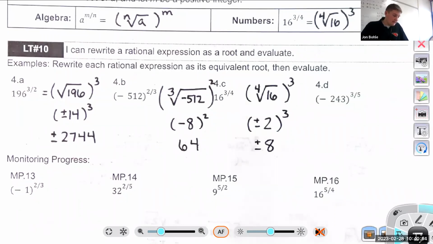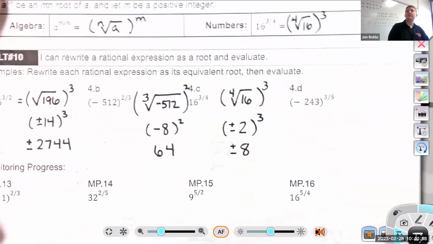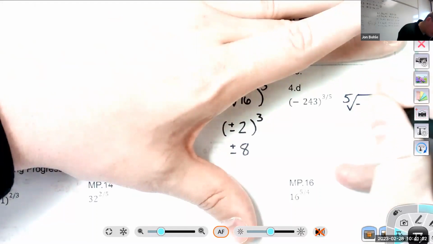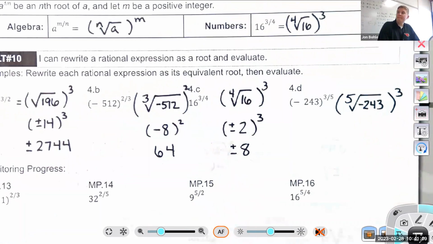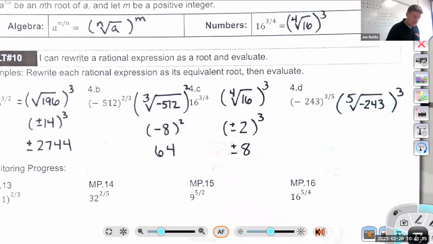Okay, 4D. My root is what? 5, fifth root. Fifth root of negative 243. And once I do that, I'm going to take it to the third power. What is the fifth root of negative 243? Negative 3. I'm double checking myself.